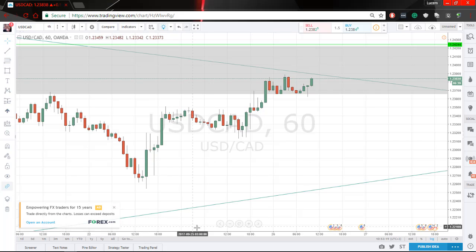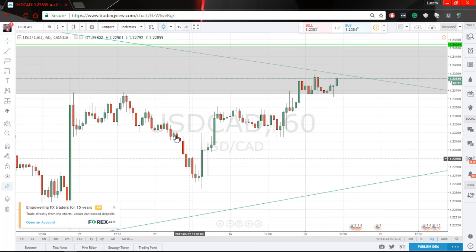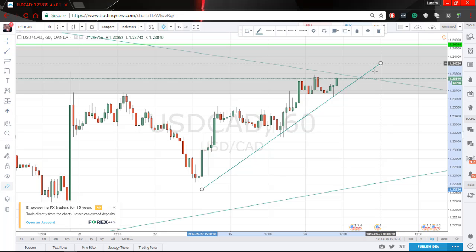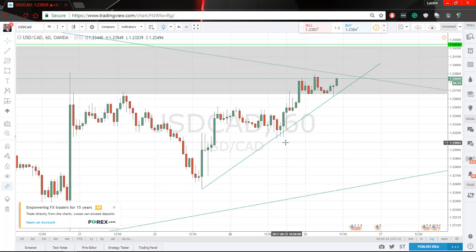We have this market that is trending upwards right now. So if we could just draw a trend over here, we have this point and that point, just to make sure 3 points match. Right, perfect trend over here. So we still don't know where this trend is going or where it will reverse.